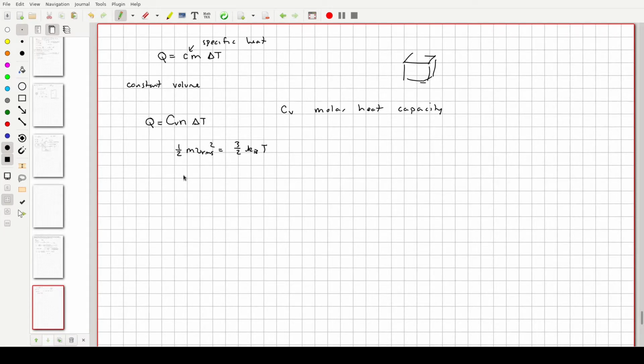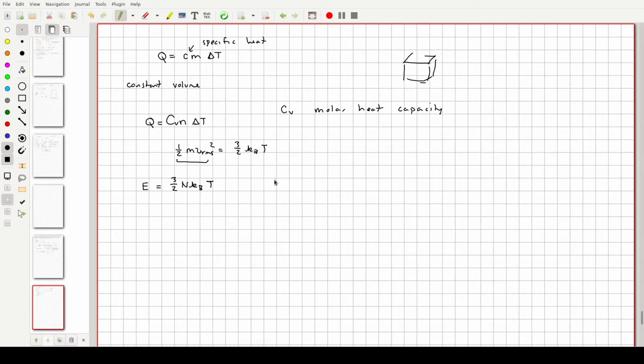So if I wanted to know the total average kinetic energy, which I'll call E, what I would do would be to take this and multiply it by the number of atoms that I have. So if on average each one has this amount of energy, if I have N atoms, I'm going to multiply it by N. So it would be, in that case, 3/2 N k_B times T.